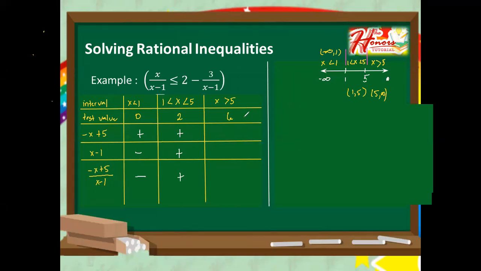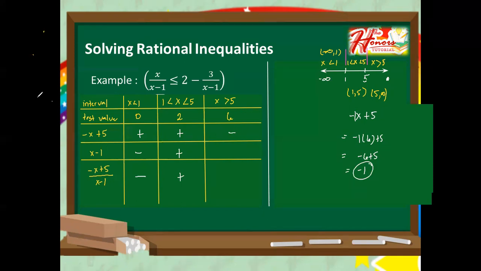Next, we have the test value, which is 6. So let's have negative x plus 5. Again, there is a number here that is invisible, that is 1. So negative 1 times 6 plus 5. So that is negative 6 plus 5, that is negative 1. Sign is negative.